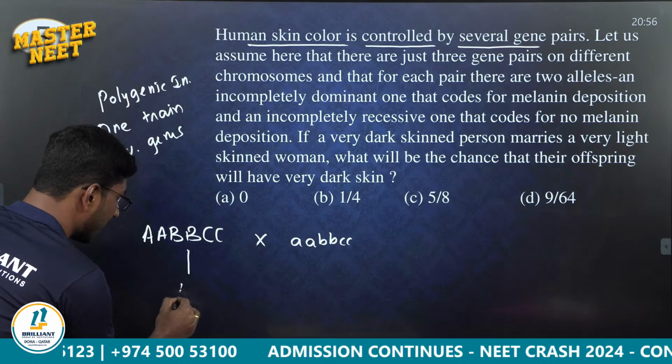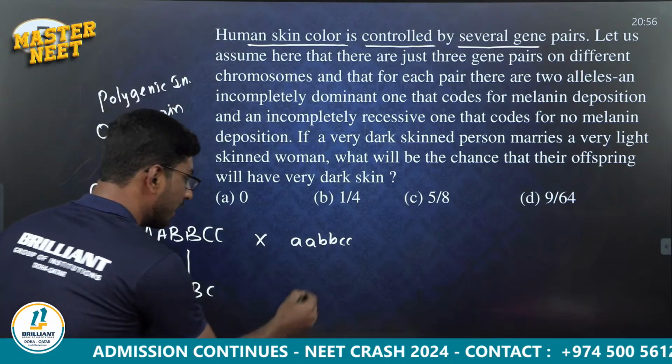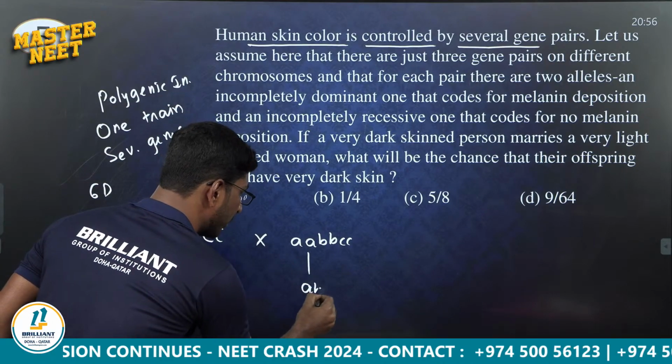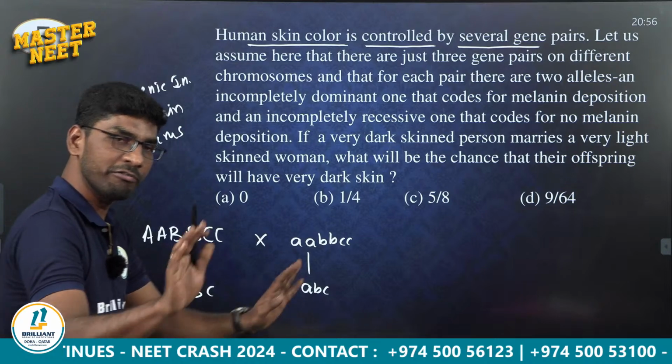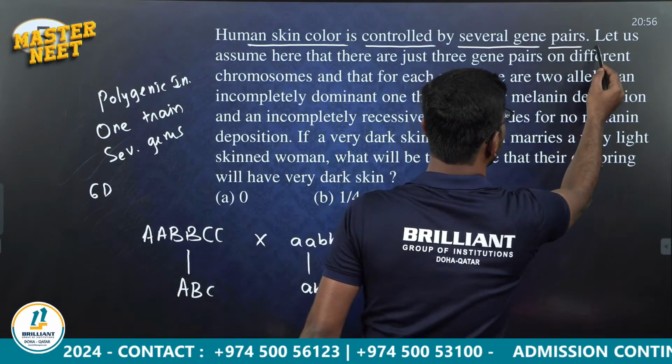Now I can get capital A, capital B, capital C type of gametes, and here it will be small a, small b, small c. You got my point? Fine. What is given? Human skin color is controlled by several gene pairs.